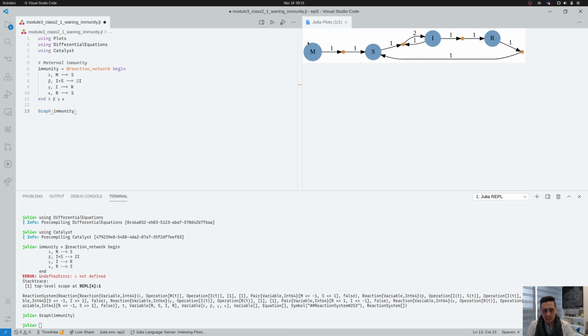It says there is a maternally protected compartment that through a reaction has a 1-to-1 rate of going to susceptible individuals. Susceptible individuals are going to become infectious, and the number of infectious individuals has an impact on this reaction.